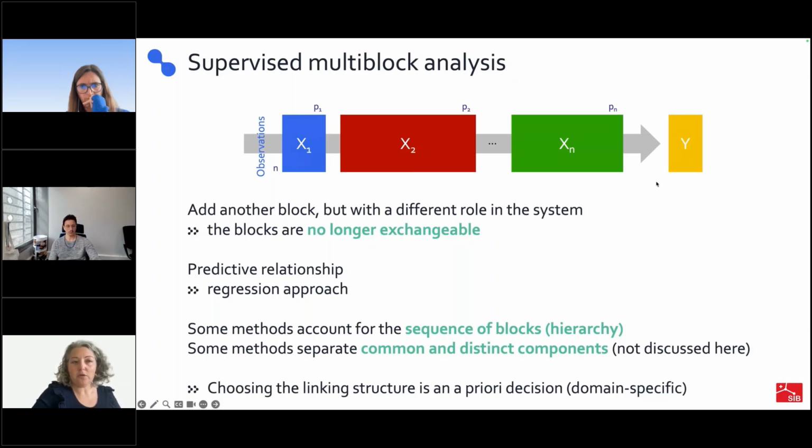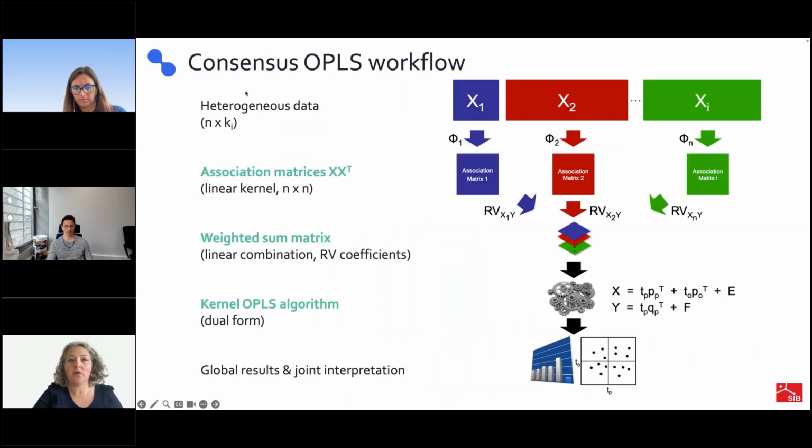We follow the consensus OPLS algorithm with all those heterogeneous data as before, with the association matrices, the square association matrices, a weighted sum matrix, and here the weights are iteratively computed, adjusted to give more weight to the block which is more explaining the response. But the algorithm is also taking care of explaining well the data and explaining well the response.